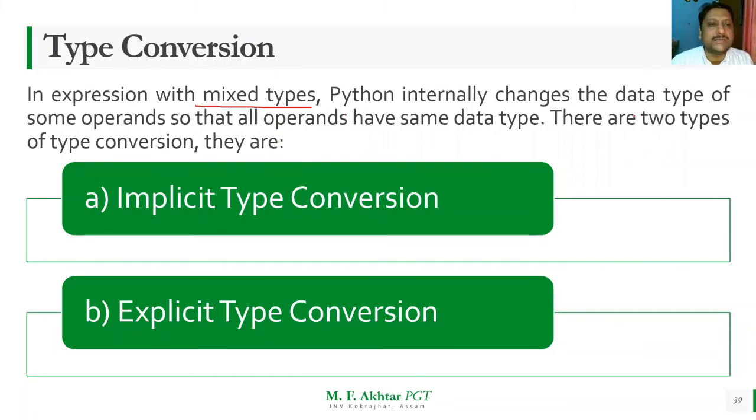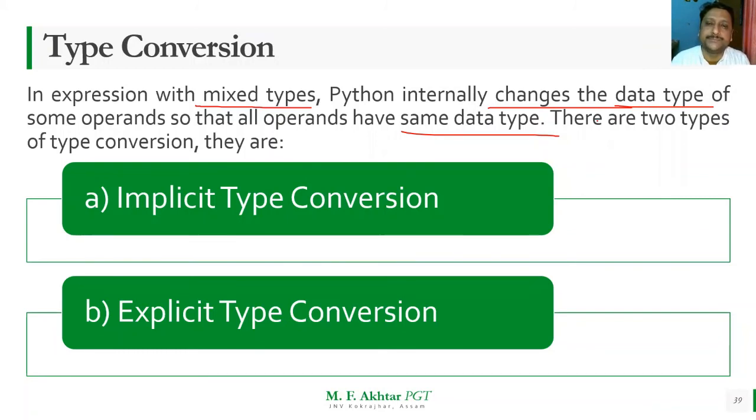Python internally changes the data type of some operands so that all operands have the same data type. When we use different types of data, say, for example, in an expression we have used integer and float type data, both data in an expression, then during processing Python changes the type of all the data to the same data type.